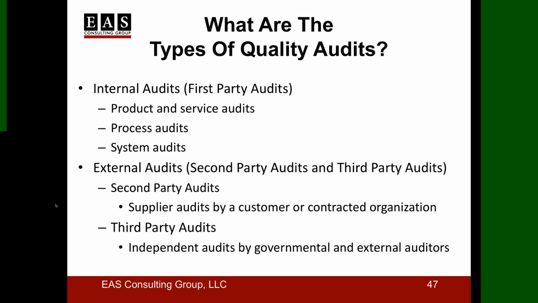So there are different types of audits that go into internal audits. But again, every company does it differently. But the whole quality system has to be looked at annually.